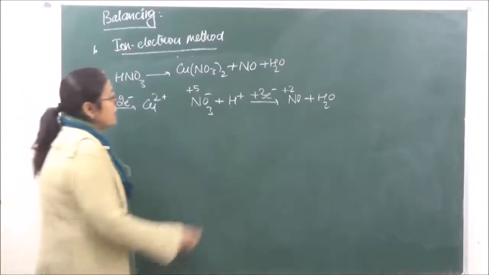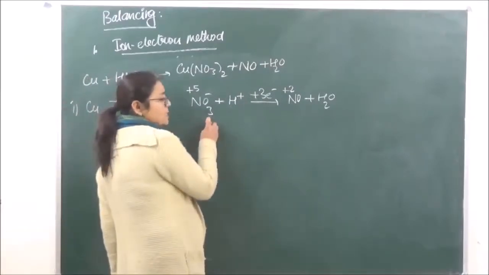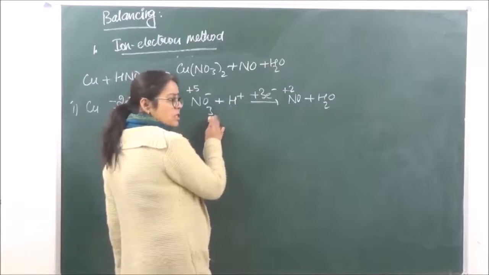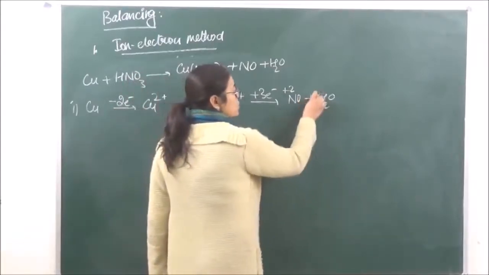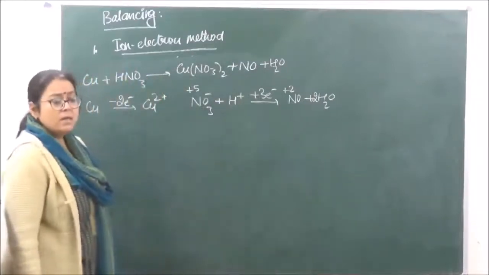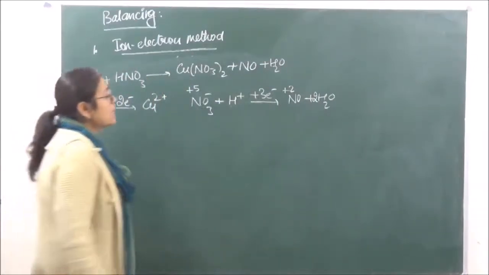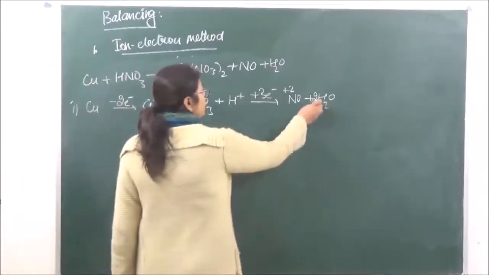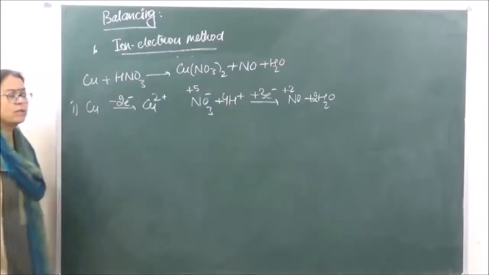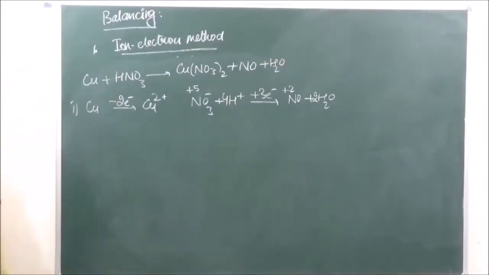Okay? In order to balance the number of hydrogens, we first of all need to balance the number of oxygens. So on the left hand side there are 3 oxygens, on the right hand side there are 2 oxygens. So you balance the oxygen by increasing the number of water molecules. ठीक है, अब यहाँ पे finally then you have to balance this hydrogen. There are 4 hydrogens over there, so you balance 4 hydrogens over here.